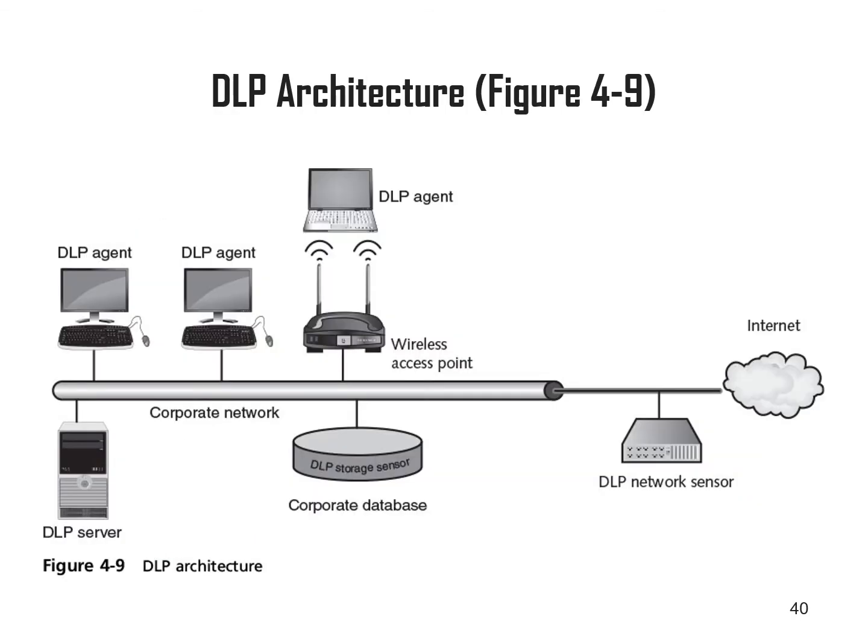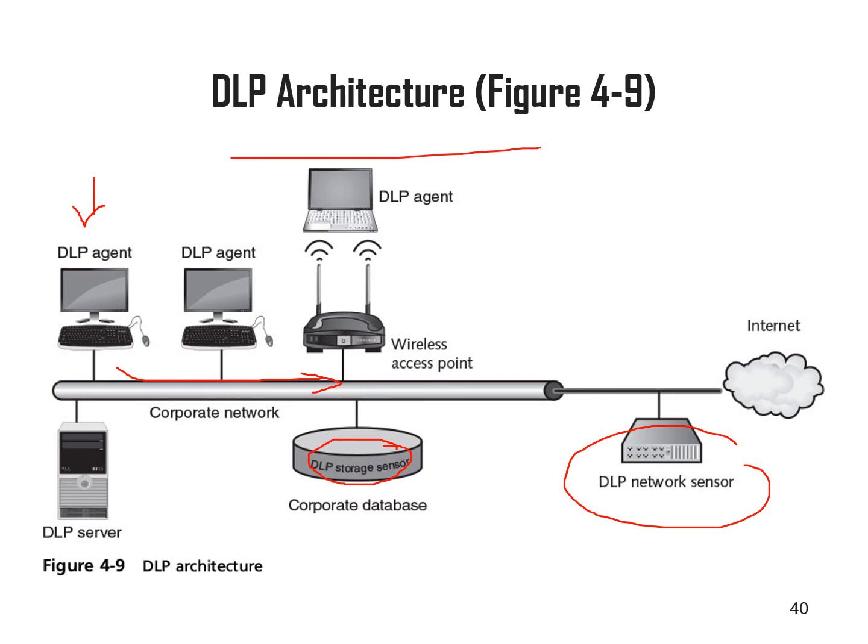This is the architecture of DLP. A DLP agent is installed on a particular desktop so that I can protect the data in use. Similarly, I can use a DLP storage sensor to protect data at rest. If I am transmitting data over the network, I can use a DLP network sensor that will protect the data in transit. So this is the simple DLP architecture.